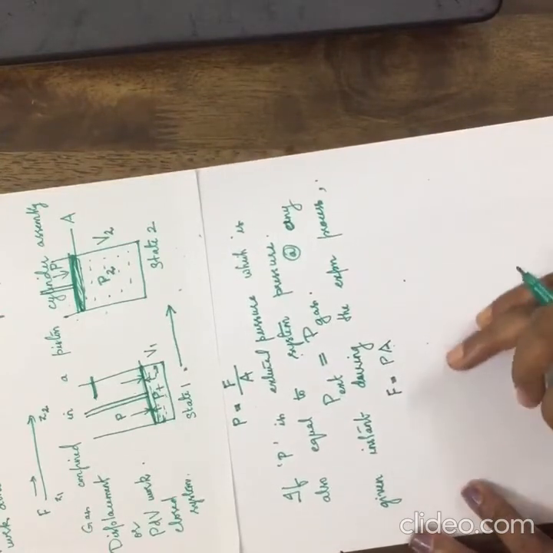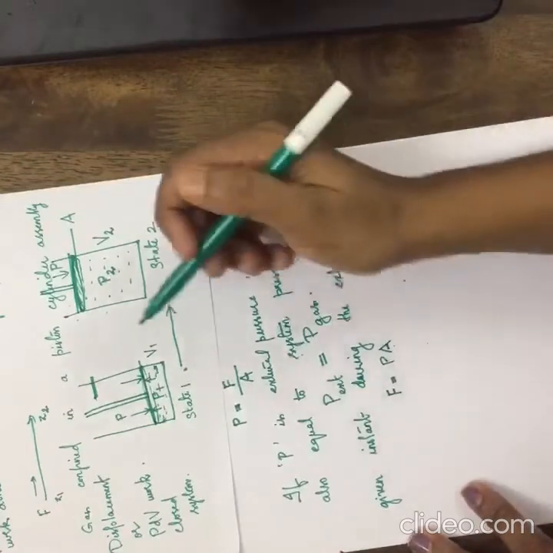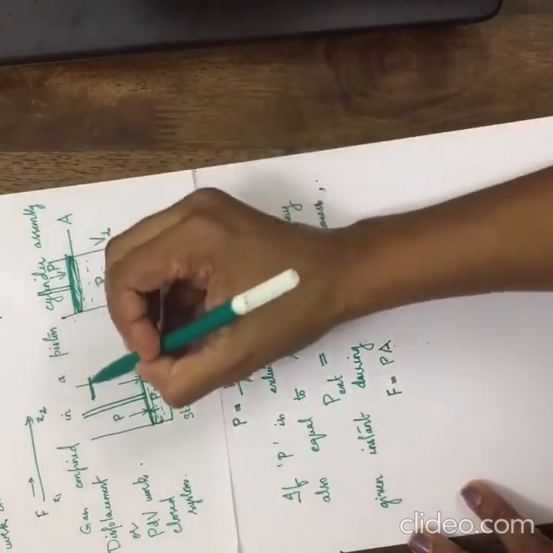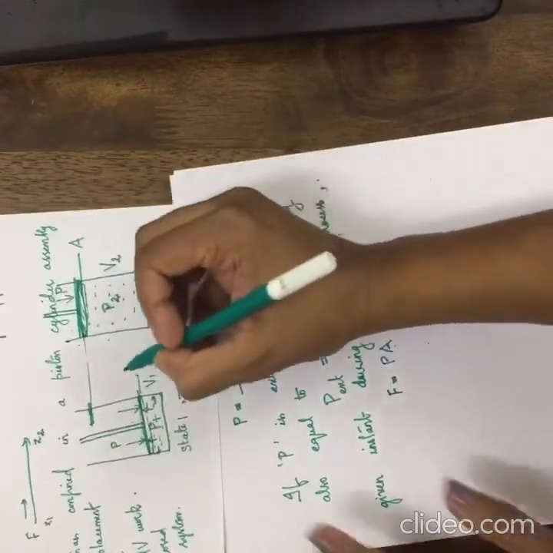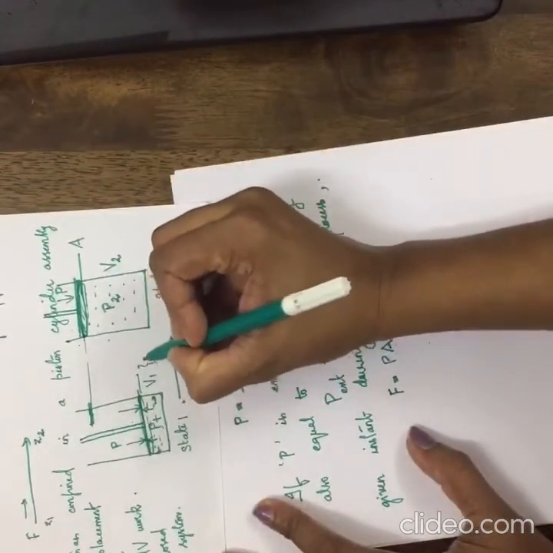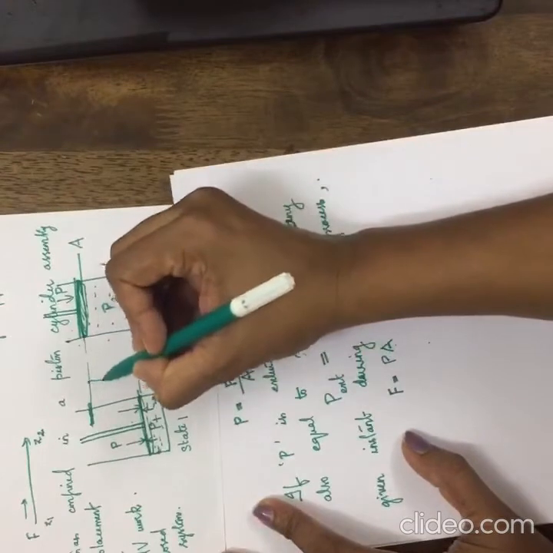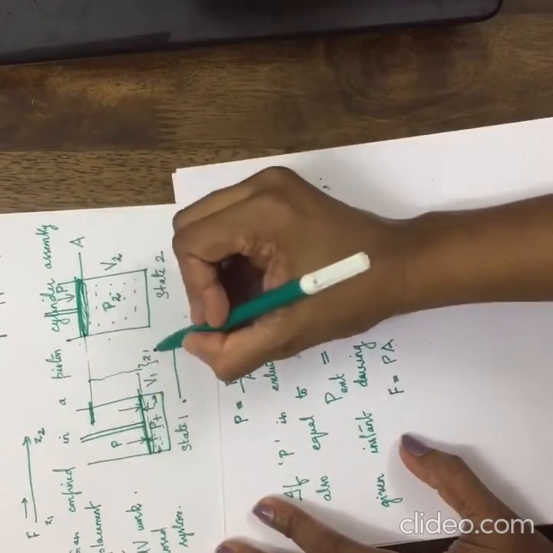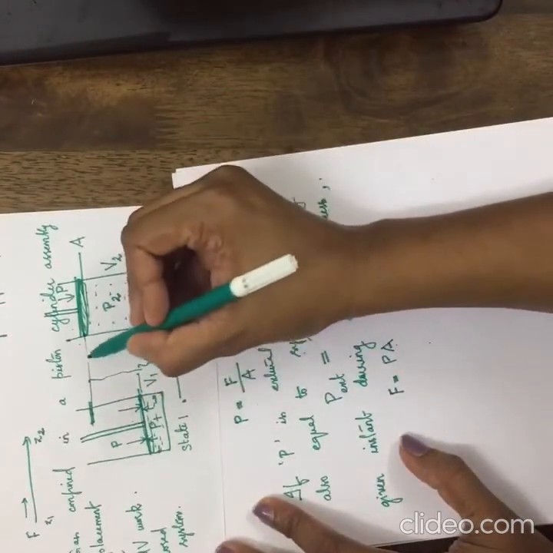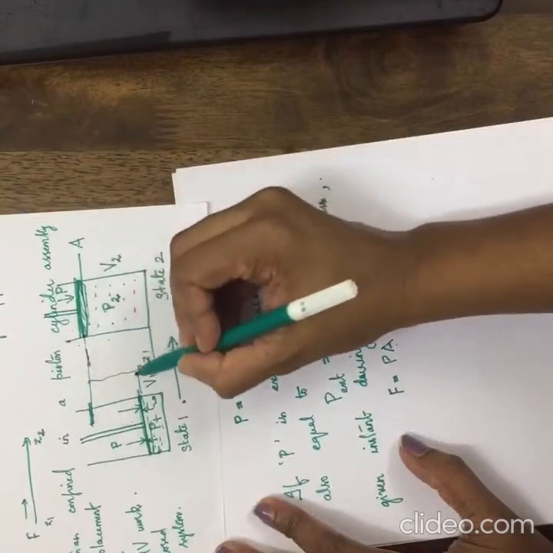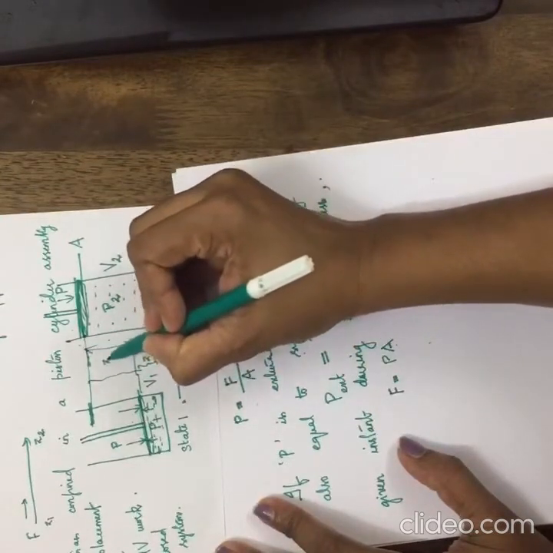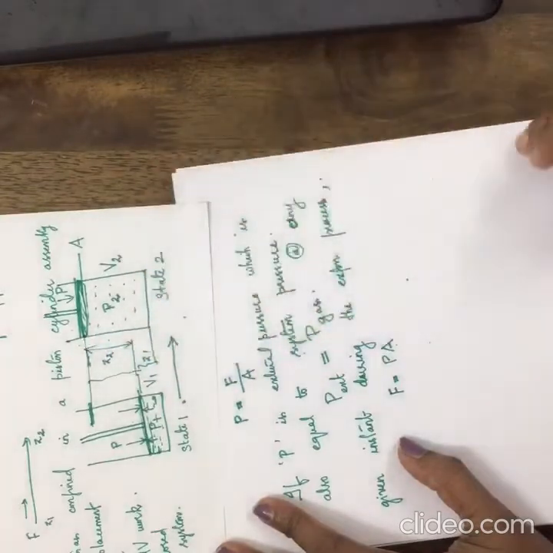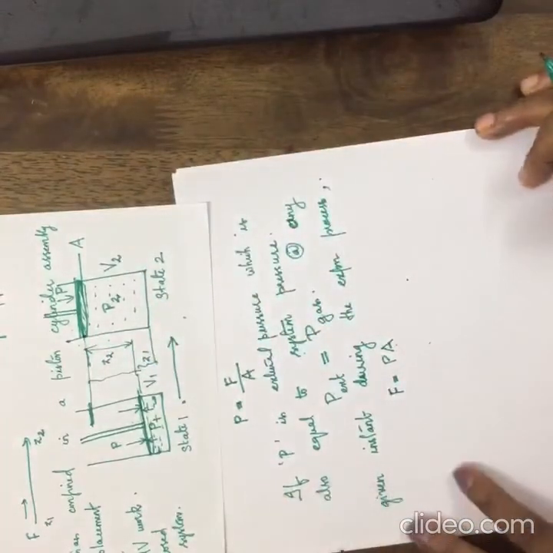The displacement of the piston, from an initial height Z1 to the new height Z2, is related to the change in volume.